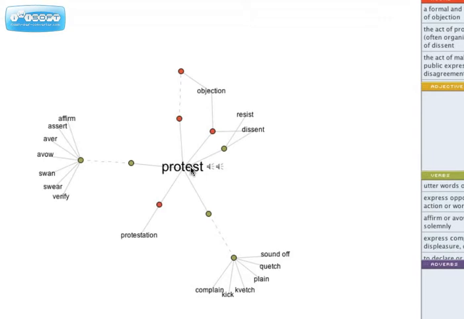So in the middle, I have the word protest. There's a speech tool here that will let me say the word for students who may not know how to pronounce it.